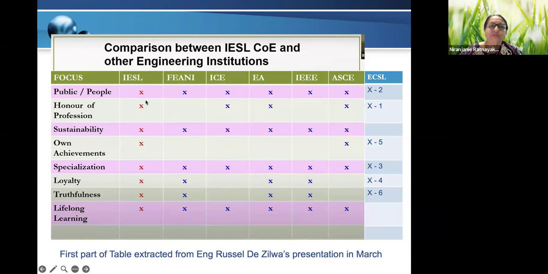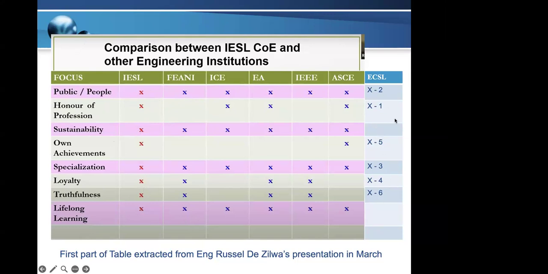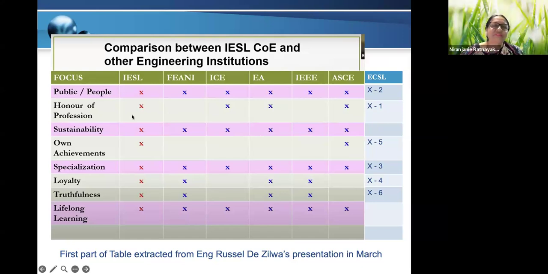What do you feel about these 2? Is there a conflict? You are a member of IESL and registered in the ECSL. The Code of Ethics has different clauses. Abdullah, yes, please say something.